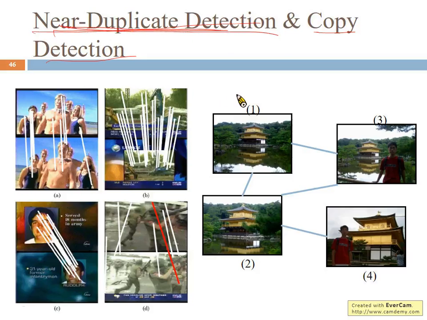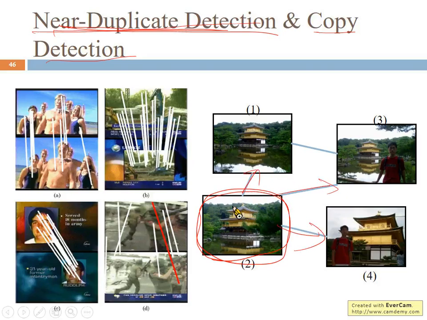We can also use SIFT matching to find the most important images. An image is more important if it is similar to many other images.